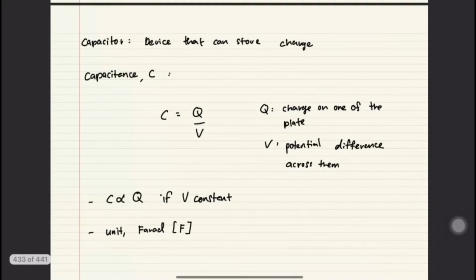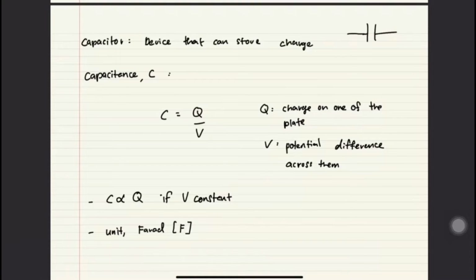And in terms of a circuit, we use a symbol like this, two parallel plates like that, to represent capacitor. So we have one key quantity which is capacitance. Capacitor tu nama komponen tu, capacitance tu dia punya quantity.